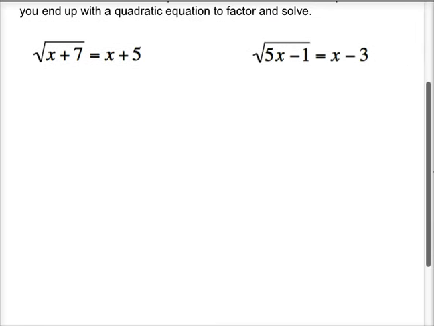So here, the nice thing is the radical is already by itself. So when I go to solve this and I square both sides, well, squaring undoes my square root. But now look at what I've got. I have x plus 5 quantity squared. We didn't run into that at all in the previous notes.